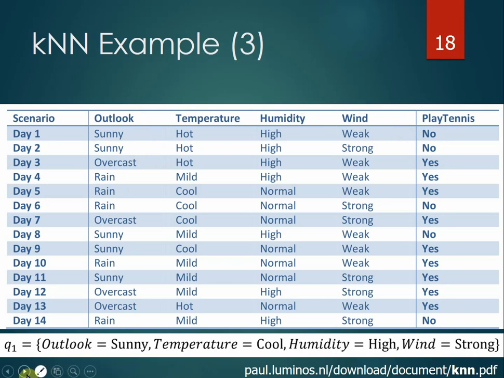We were given a new tuple, which is sunny, cool, high, and wind is strong. We want to find whether, given this condition, is that person going to play tennis or not?